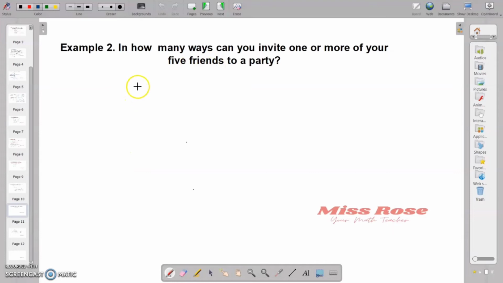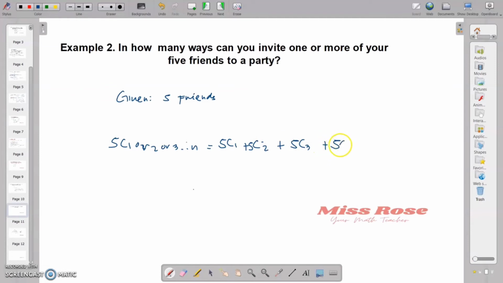Given 5 friends to a party, the formula is 5C1 or 2 or 3 and so on, equals 5C1 plus 5C2 plus 5C3 plus 5C4 plus 5C5. Or it is easier to solve with the alternative formula, 5C1 or 2 or 3, and so on, equals 2 raised to n minus 1.